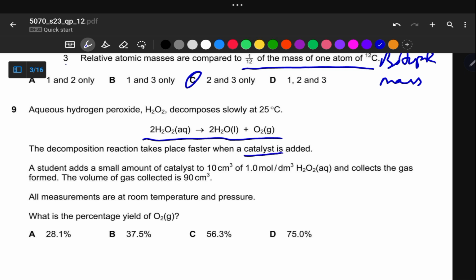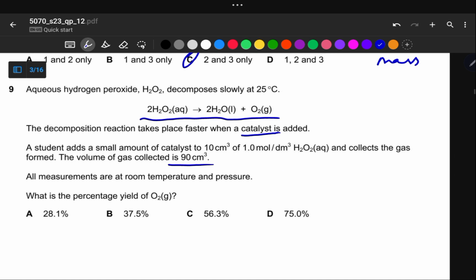A student adds a small amount of a catalyst to 10 cubic centimeters of 1 mole per cubic decimeter hydrogen peroxide, and then collects the gas formed. The volume of the gas collected was 90 cubic centimeters. All measurements are at RTP, room temperature and pressure.